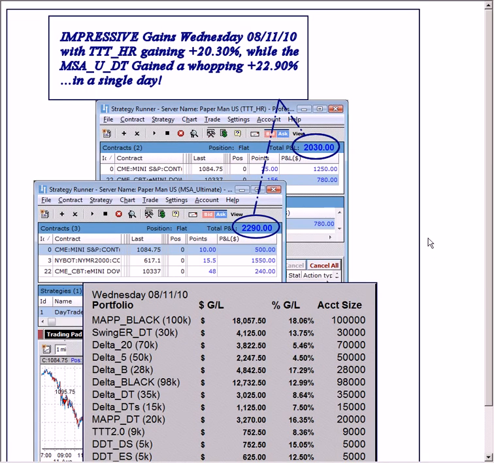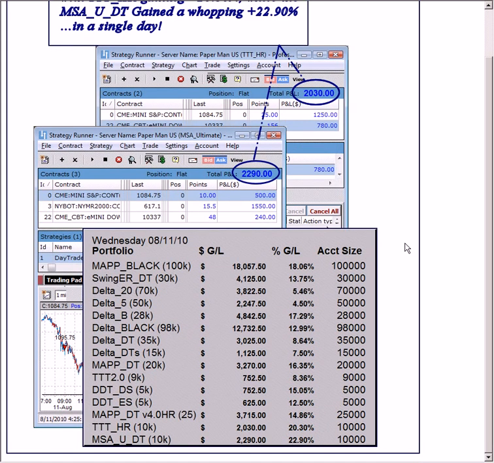So how have our portfolios been doing? Well, yesterday was an impressive day for both the Triple Threat Trader HR and the MSA UDT. They were the standouts, the stars of the session yesterday, actually both gaining over 20% in a single day. Not in a month, not in a week, not in a year, but over 20% in a single day. There you have it.